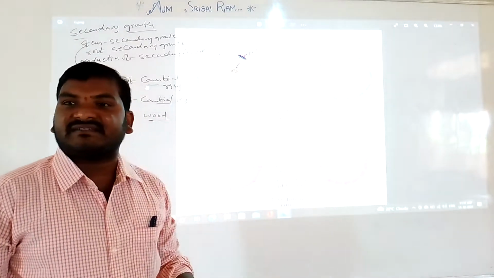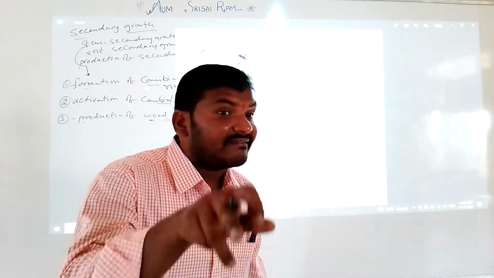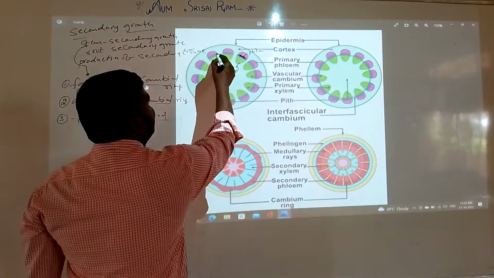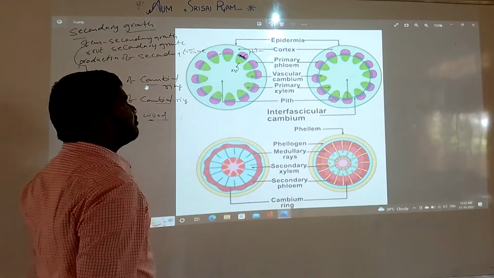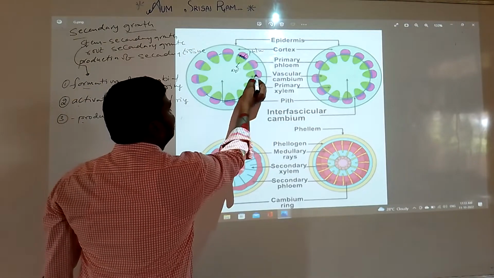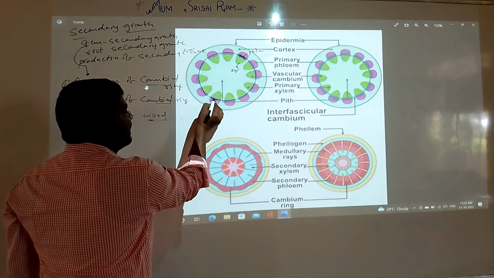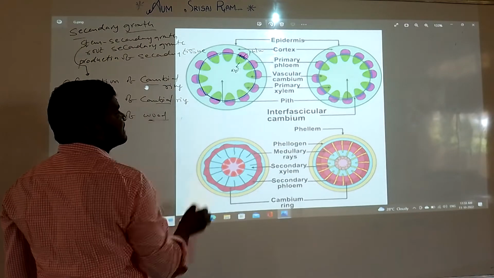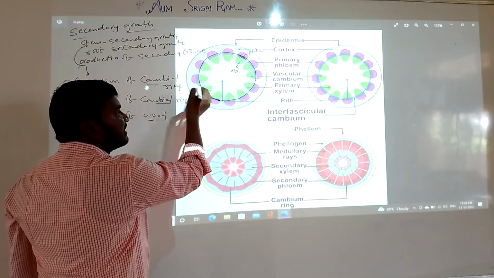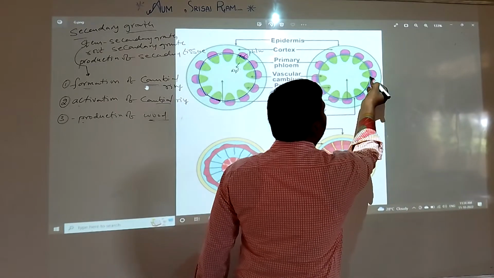What is the meaning of inside the vascular bundle? Intravascular cambium. And intervascular cambium is between. Both come together and form a ring-like structure.